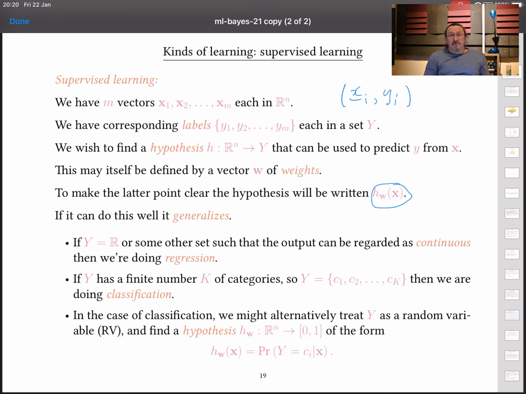Because we want to put probabilistic interpretations on things, one of the things that we're going to be doing is to have a hypothesis that outputs a real number that's in the interval between 0 and 1. And then we can interpret that as a probability. Okay? And we'll typically interpret it as the probability that you are in one or the other of two possible classes.